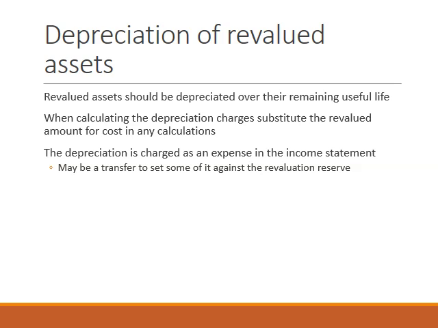The depreciation is charged then in full as an expense in the income statement. Although companies may then transfer some of that charge and set it against the revaluation reserve for that asset. And that way, if the asset is then held until it's completely useless and worthless, then the revaluation reserve against that asset would have been reduced to zero.